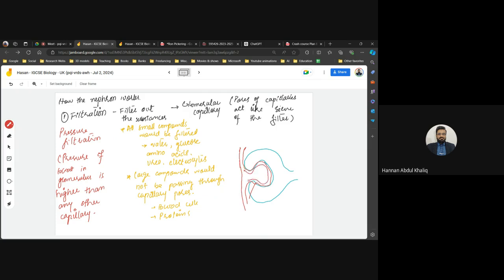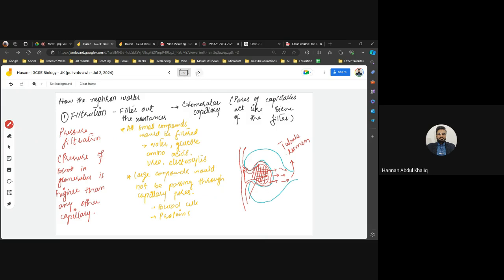Sorry, those are arterioles, and then these are the capillaries. The blood goes there, gets filtered. This is now the lumen. This is called the tubule lumen. So everything goes into the tubule lumen after getting filtered. So the things are filtered now.